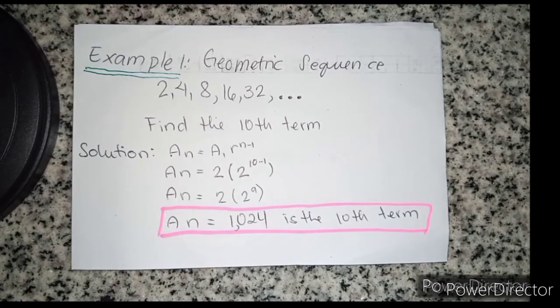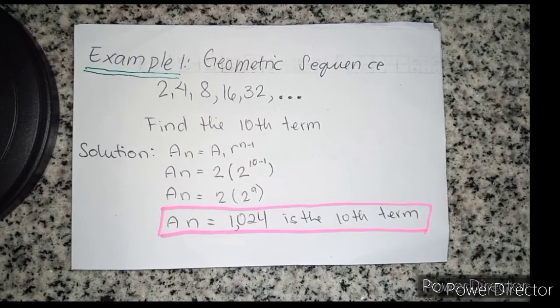Now we're going to find the 10th term. So using the formula, let's substitute the value. First we have a sub 1, which is our first term, which is 2. The value of r, the common ratio, is 2, raised to the number of terms, which is 10, so 10 minus 1. Now let's simplify.